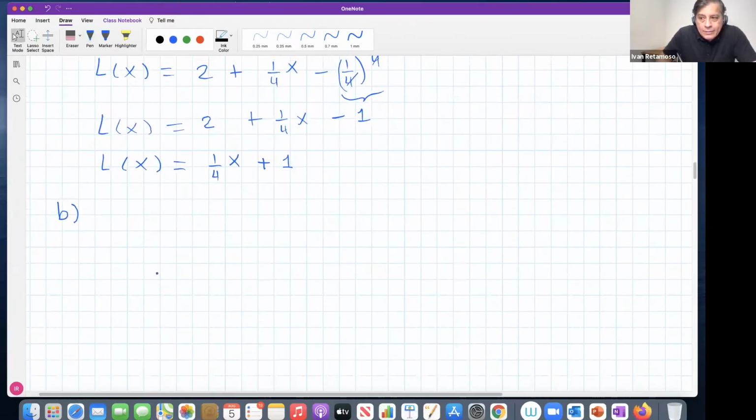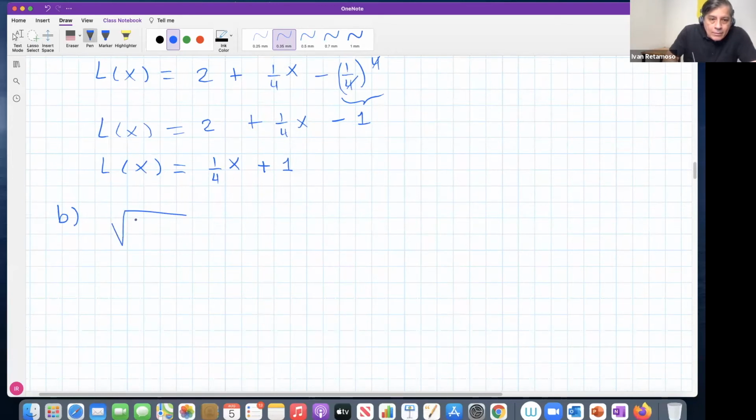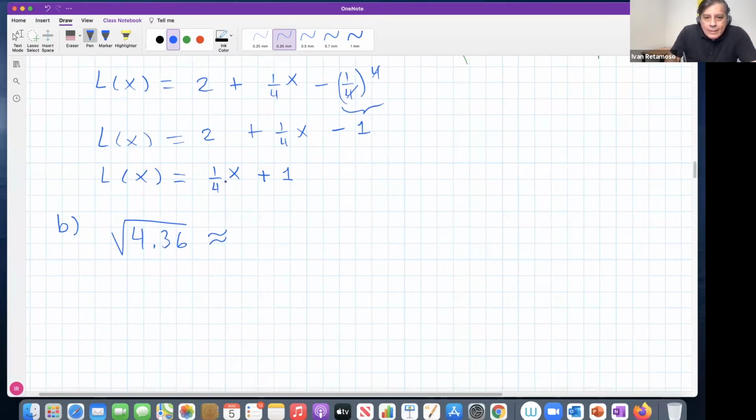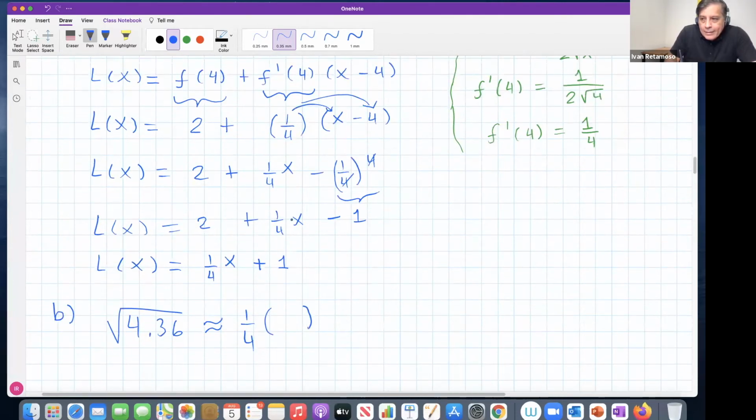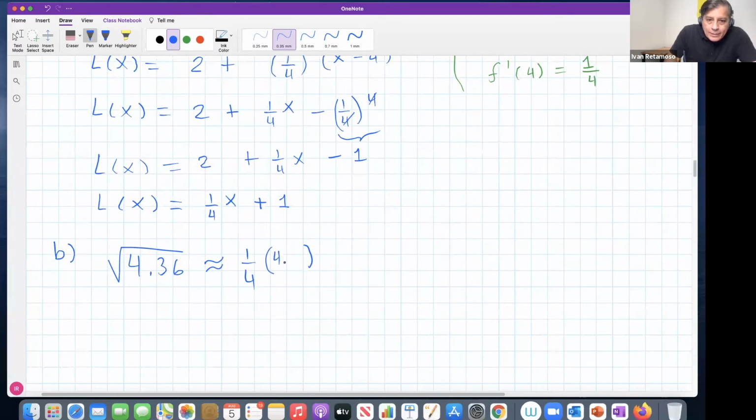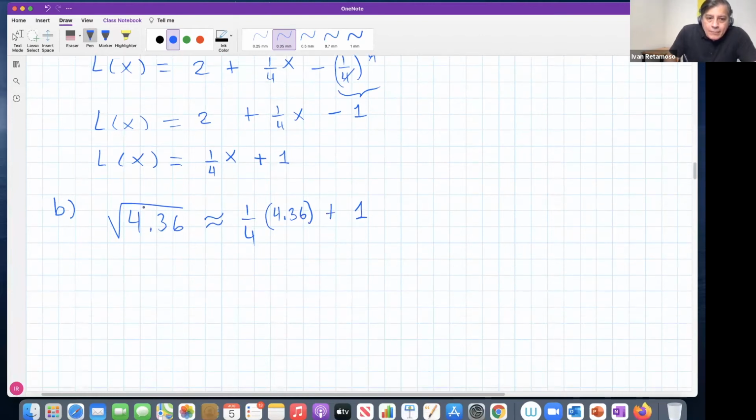So the square root of 4.36 will be approximately equal to 1/4 of x, where x is 4.36, plus 1. Radical function versus linear function. This is easier to deal with, right? So that's the whole idea.